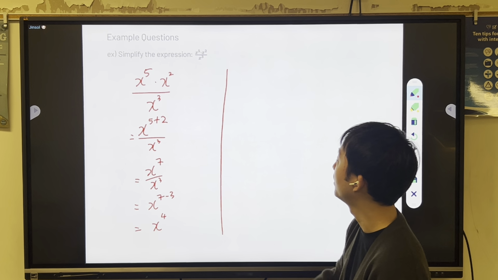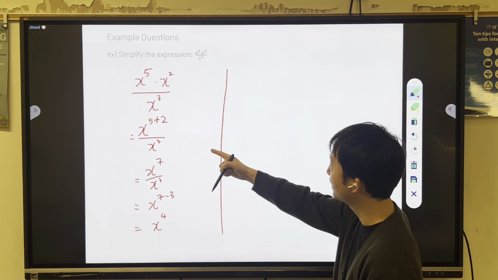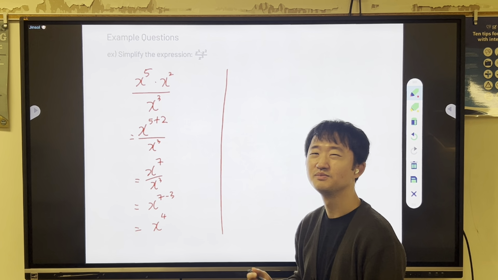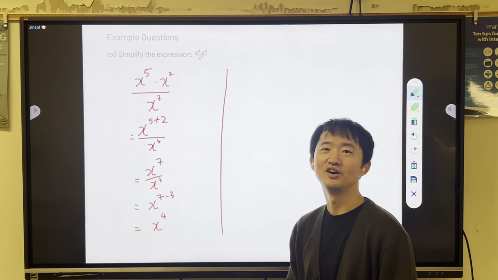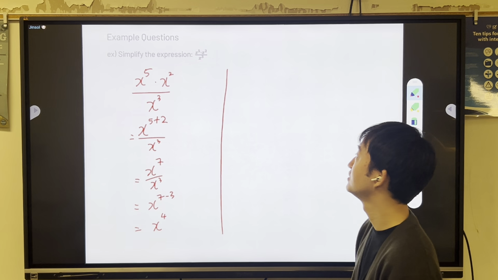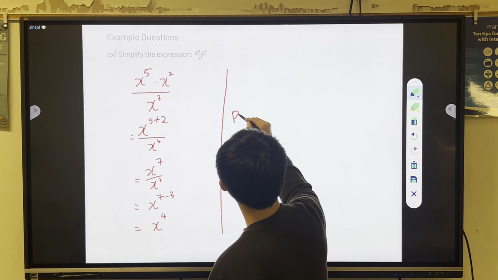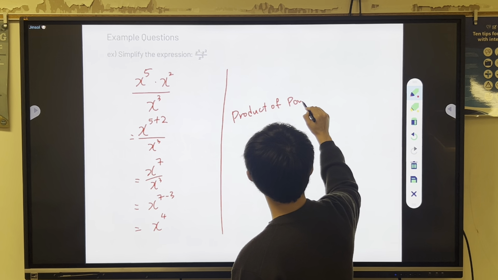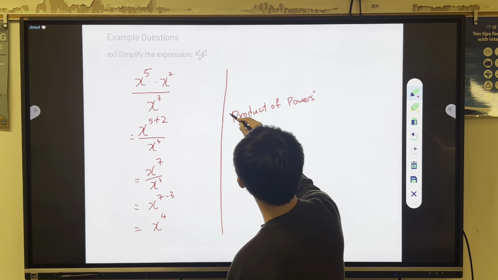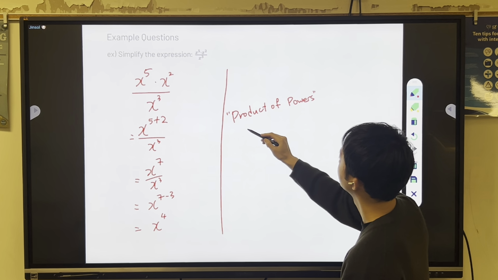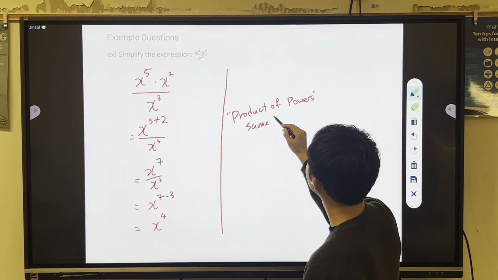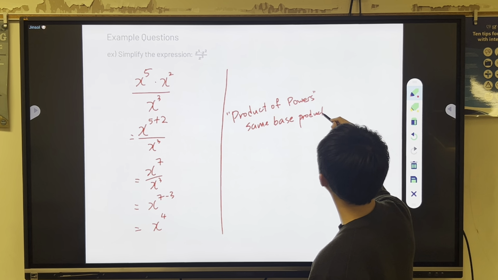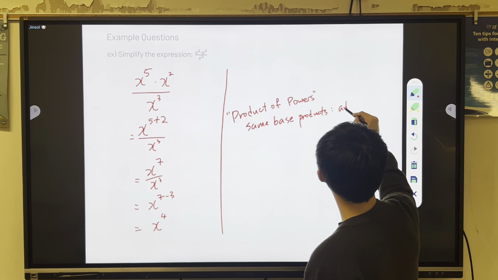Let's annotate our process here. The first thing that I did is I used the exponent law that's technically called the product of powers. Same base, products, we add the exponents.